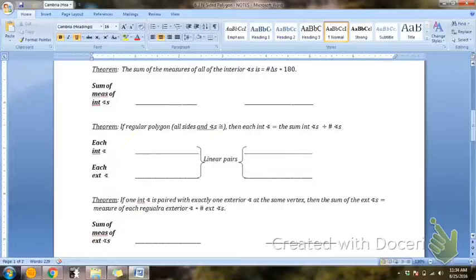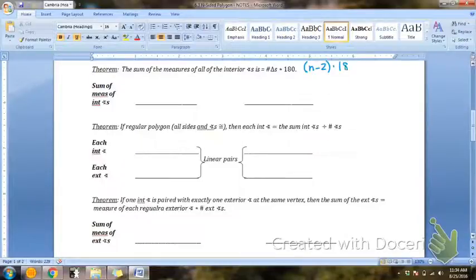All right. So the sum of the measures of all the interior angles in a polygon, okay, is the number of triangles times 180. So how did we figure out how much one triangle was? Or how many triangles there were? What did we do to find out how many triangles there are? N minus 2. Okay, so next to this, I want you to write N minus 2. We figured out how many triangles.